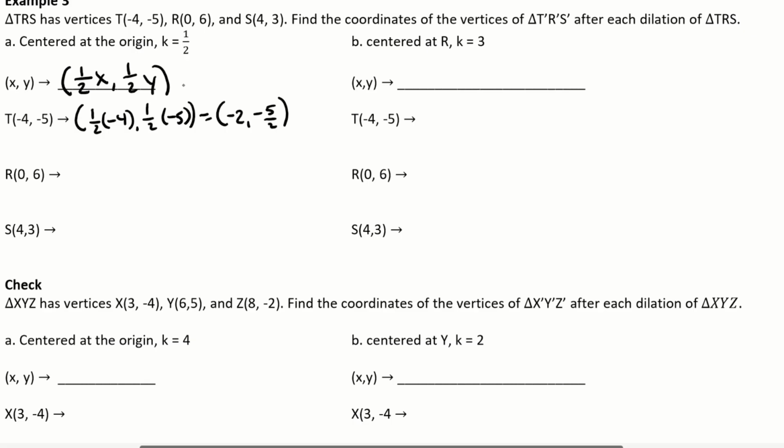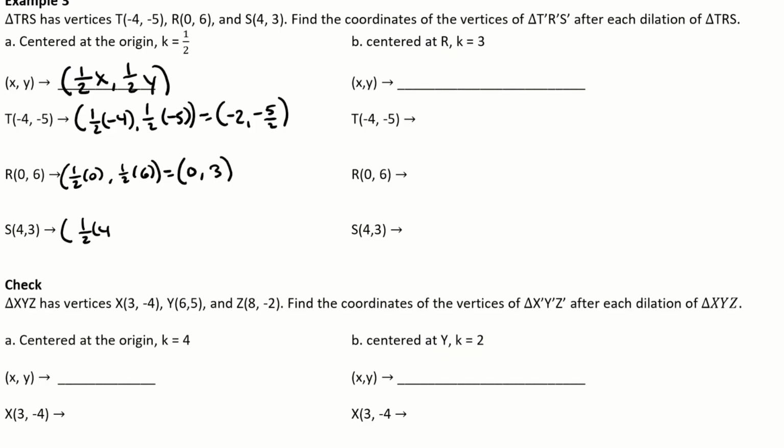Then here, we do the same thing: 1/2 times 0, and 1/2 times 6. You get 0, and 1/2 times 6 is 3. And then the last one here: 1/2 times 4 and 1/2 times 3. Half of 4 is 2, and half of 3 is 3 over 2.